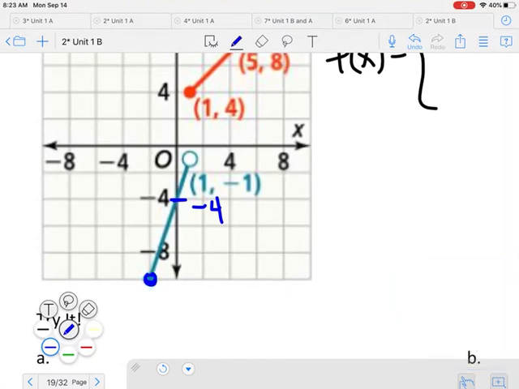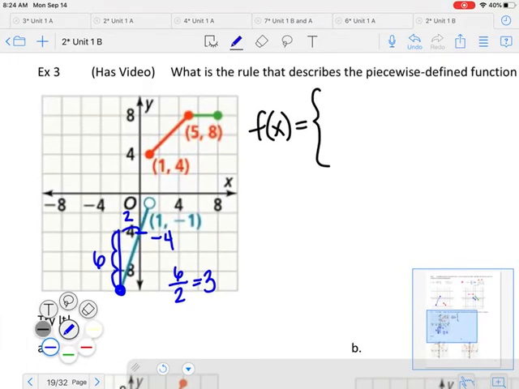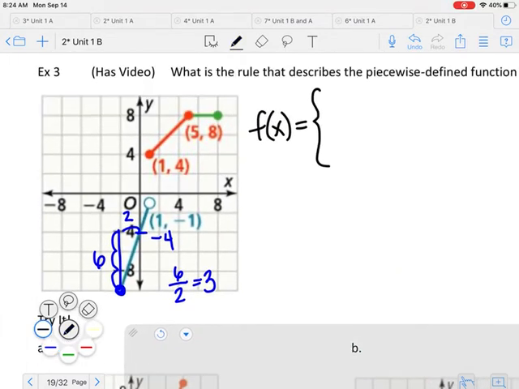So I can see a point here, it's rising 4, oh sorry, my bad, it's not rising 4. It's rising 2, 4, 6, and running 2. Rise over run, 6 over 2. 6 over 2 is 3, and it's positive slope. Little man's walking uphill. So our equation is 3x minus 4.